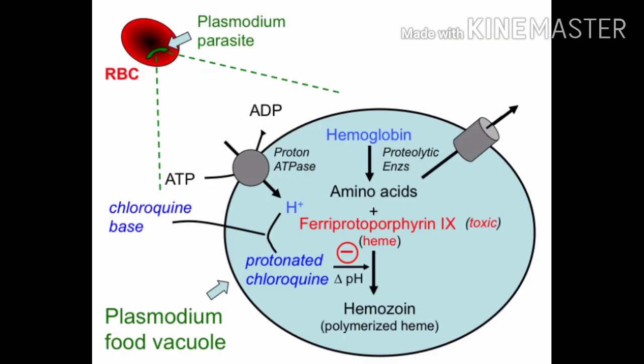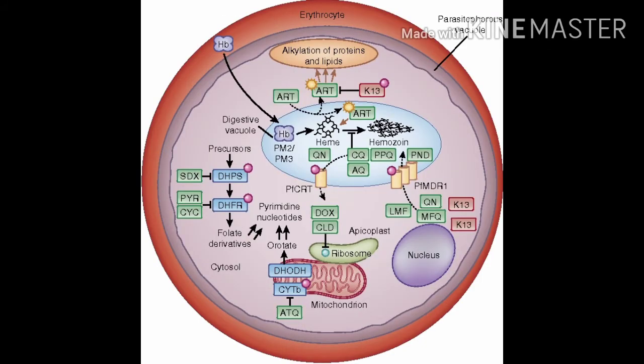As it is thought to inhibit the detoxification of heme, chloroquine becomes protonated because the digestive vacuole is acidic, that is pH 4.7, and subsequently cannot leave the vacuole by diffusion. This chloroquine caps hemozoin molecules and prevents the further biocrystallization of heme. Thus, they lead to heme buildup.